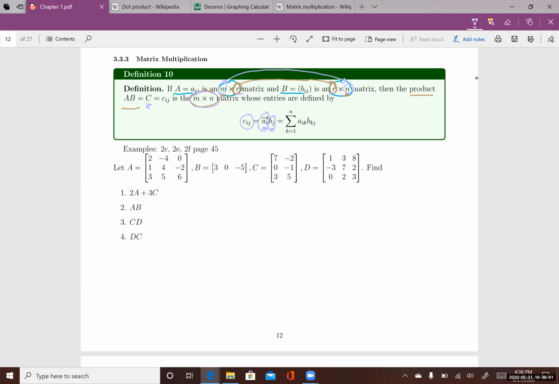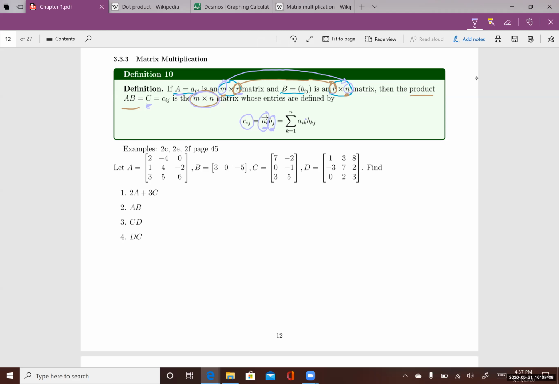So you get the row i from matrix A and you dot product it with the column j from matrix B. What is the dot product? The dot product is actually the sum of all the products of the corresponding entries from the two vectors.